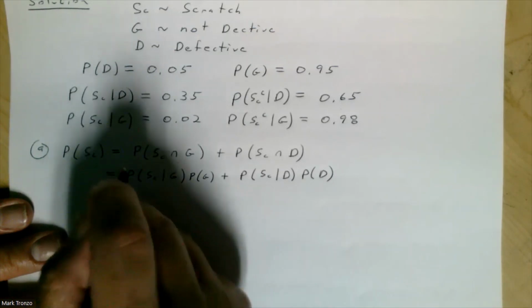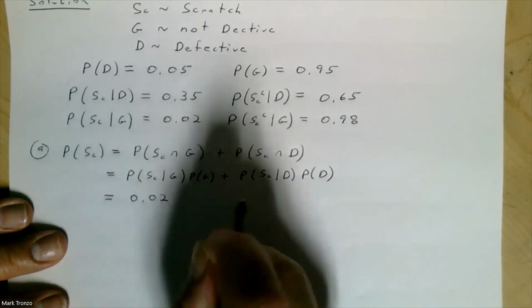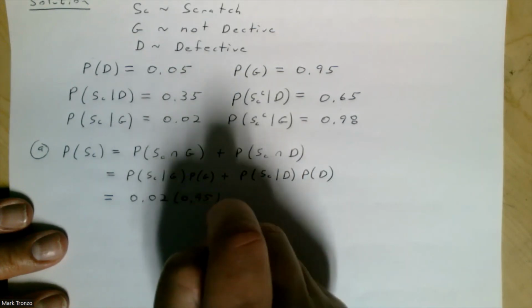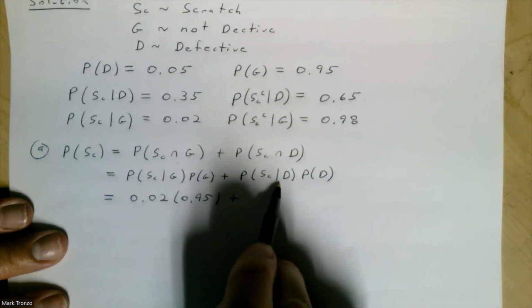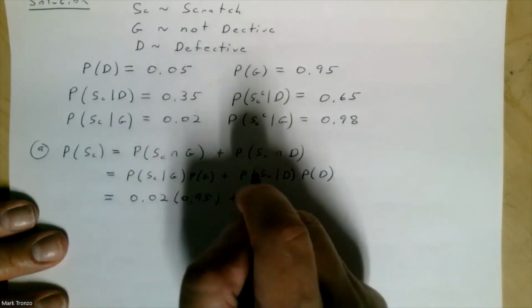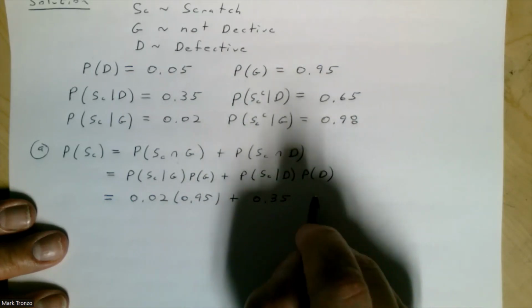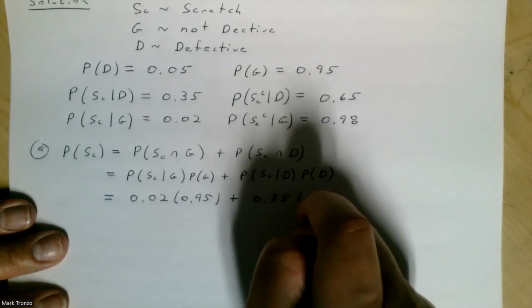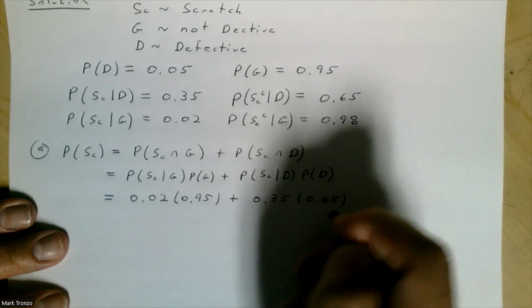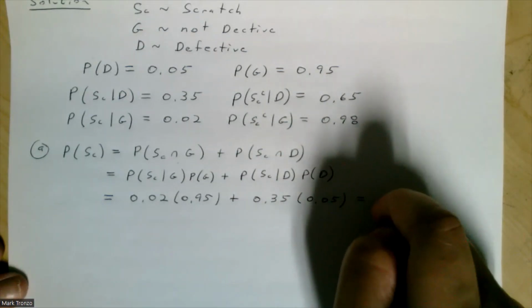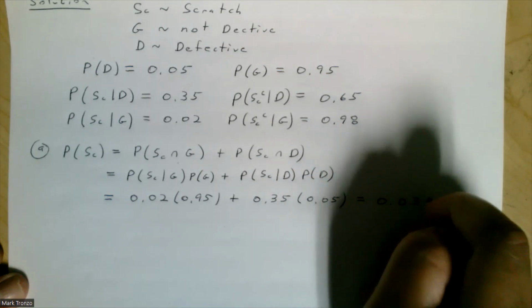And so this is going to be 0.02, this is going to be 0.95, this is going to be 0.35, this is going to be 0.05, like this. And if you put that in your calculator, you will get 0.0365.